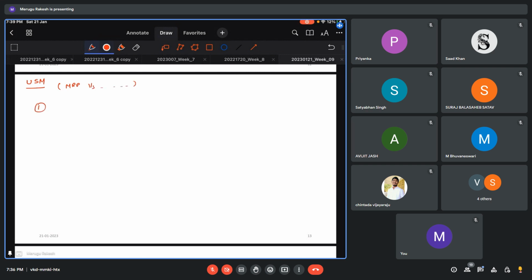The first parameter is MRR with frequency. If they want to ask, they can plot different types of graphs.